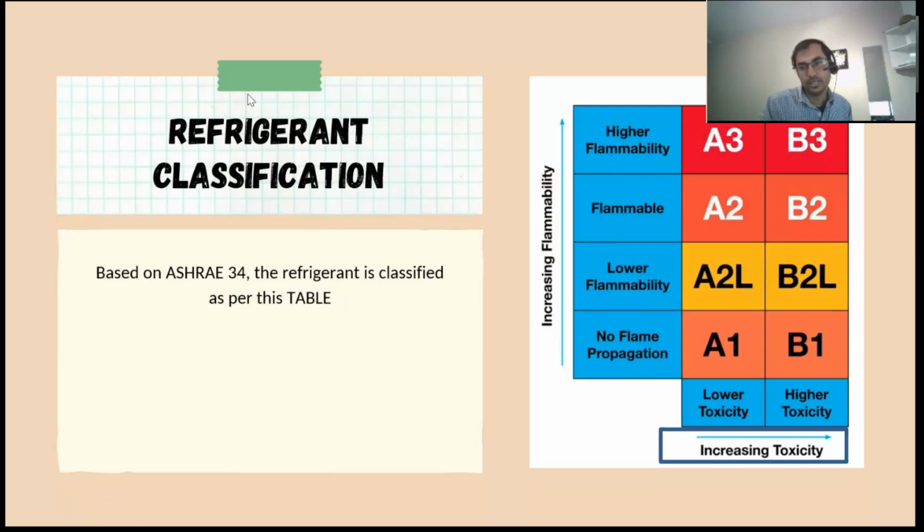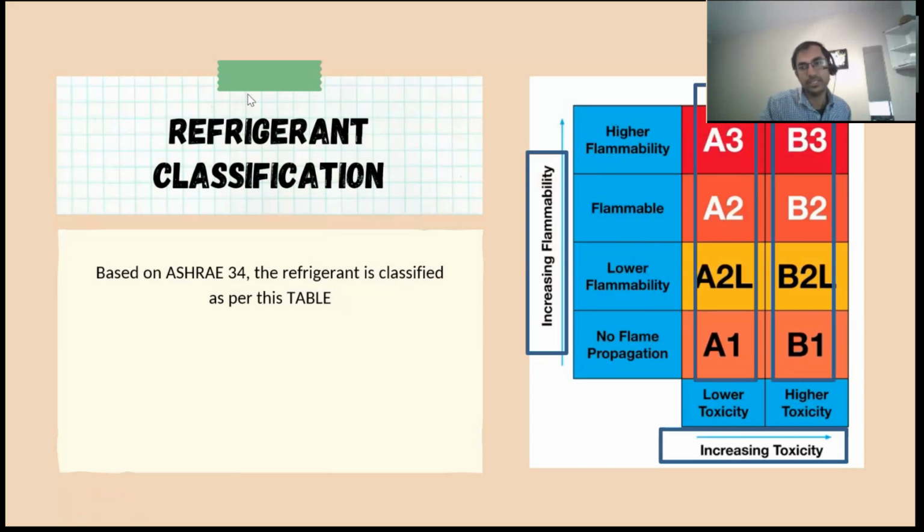The toxicity level is in the X direction, and the flammability level is in the Y direction. Increasing toxicity means going from A to B. If it is A, it is lower toxicity. If it is B, it is higher toxicity.